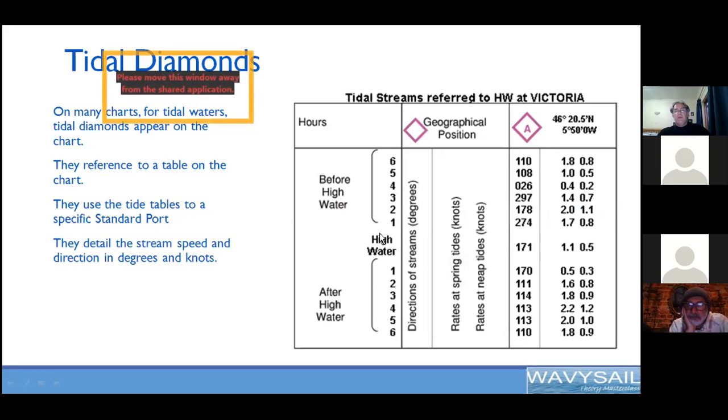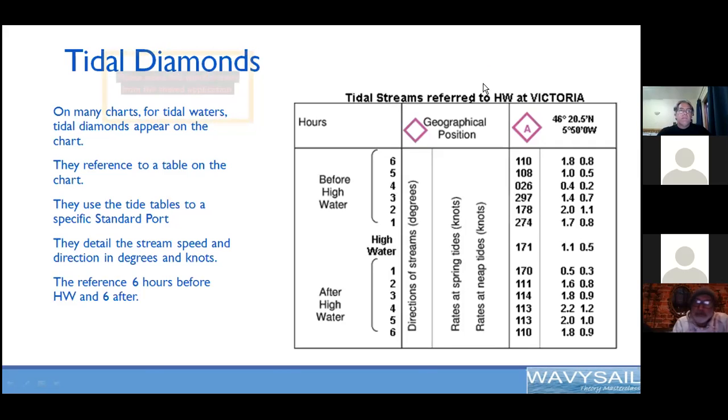So at high water, from a specific standard port, if the time at high water is, say, 1700, at 1700 the tidal flow will be 171 degrees, at spring tide 1.1 knots, low neap tides 0.5 of a knot at that geographical position. It references it 6 hours before and after.